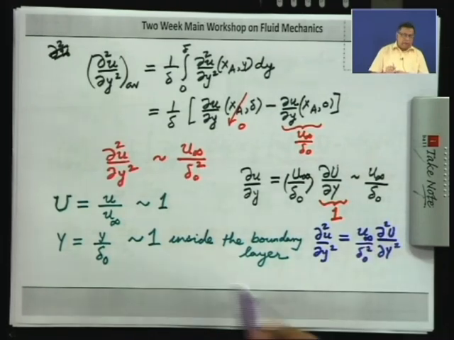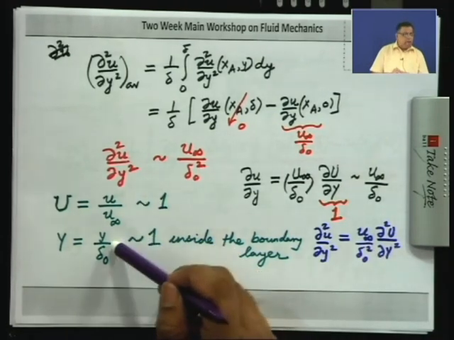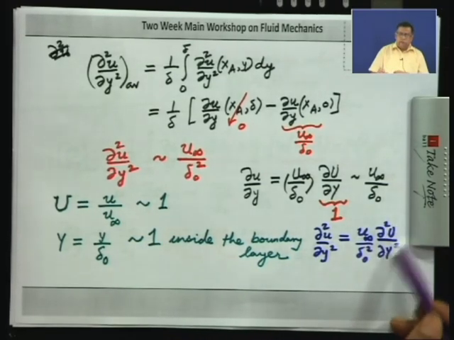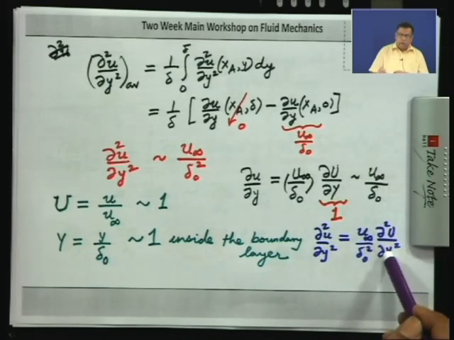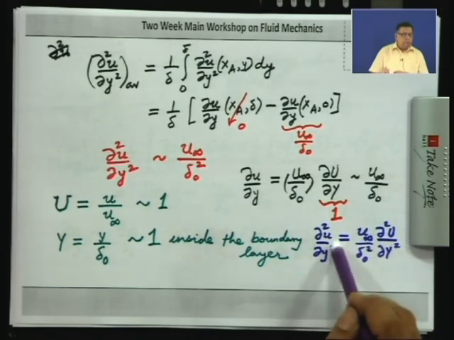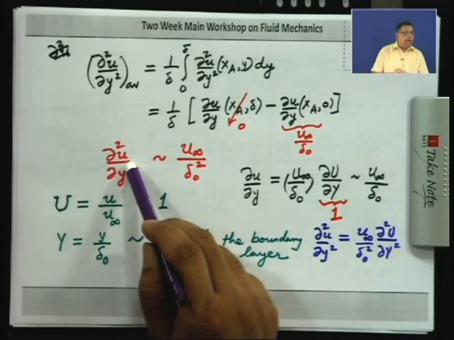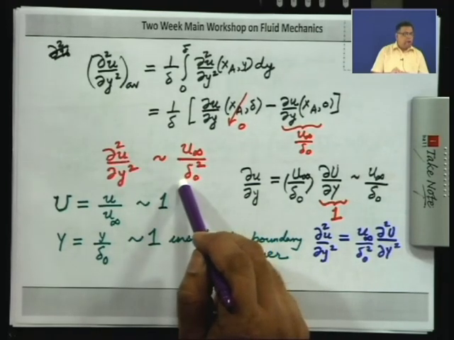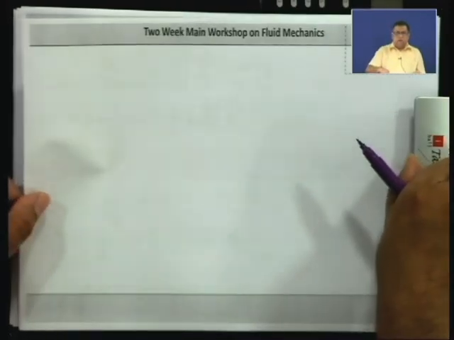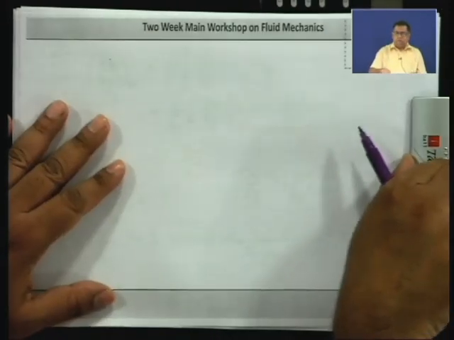So, our argument is that since U is order 1 and capital Y is order 1, the second derivative of capital U with respect to capital Y will be order 1. So, this coefficient in front of it, if you have done it correctly, would reflect the order of magnitude of this whole term, and that is what you have over here, del 2 u del y square is u infinity upon delta naught square. So, with this idea we can now go to the equations and try to estimate the terms.